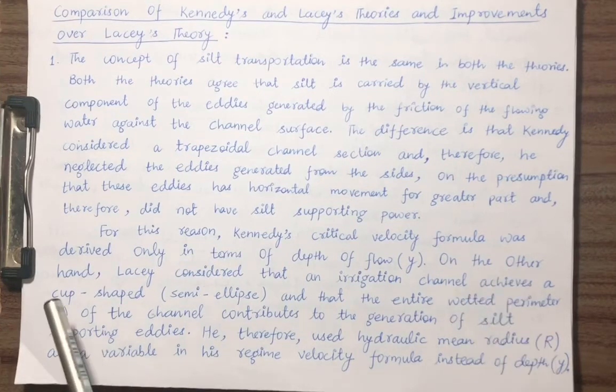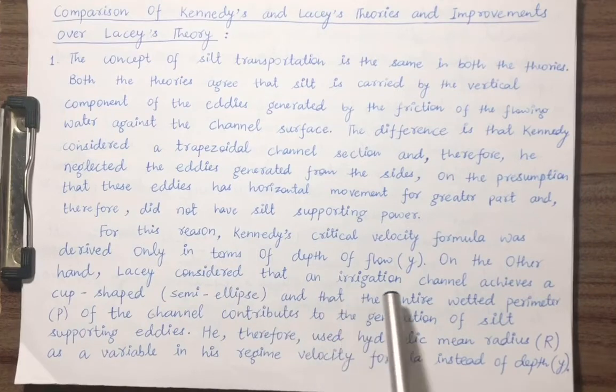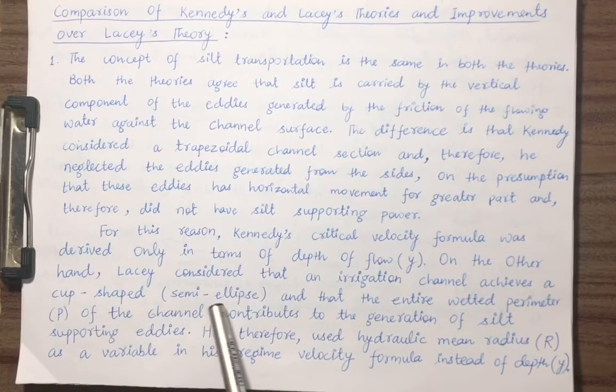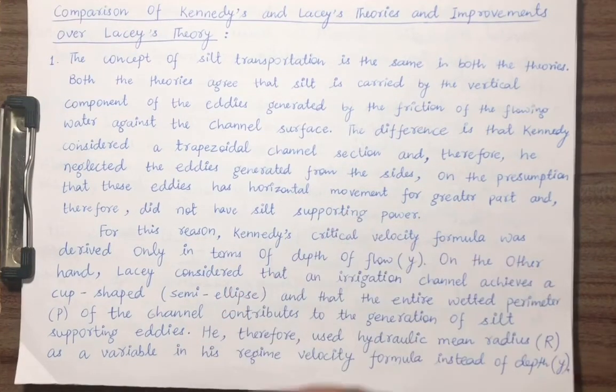On the other hand, Lacey considered that an irrigation channel achieves a cup shape or semi-ellipse, and that the entire wetted perimeter of the channel contributes to the generation of silt supporting eddies. So Lacey considers that the side bed also will be contributing to the silt supporting power.